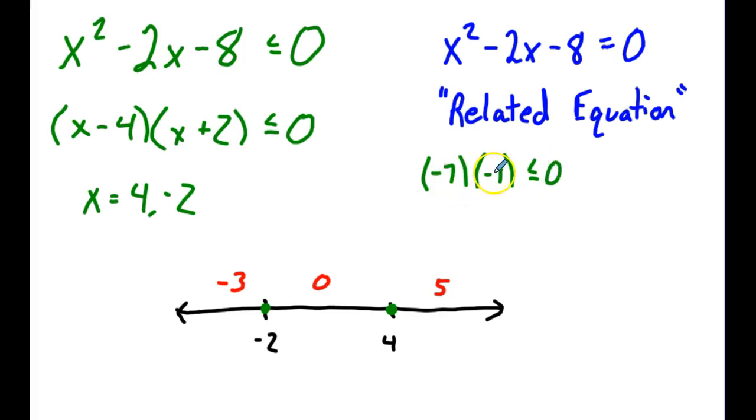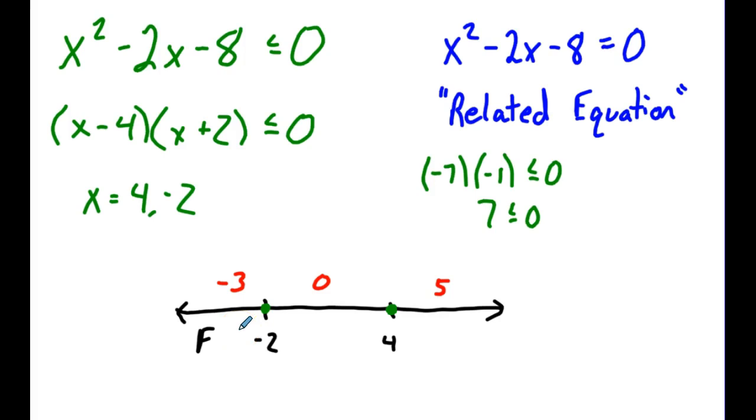So I have negative 7 times negative 1, which is a positive 7, less than or equal to 0. We know that is not a true statement, so I'm just going to put an F there for false. Any solution less than negative 2 is not going to give us a true statement.